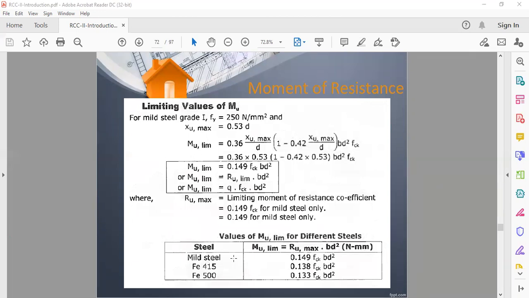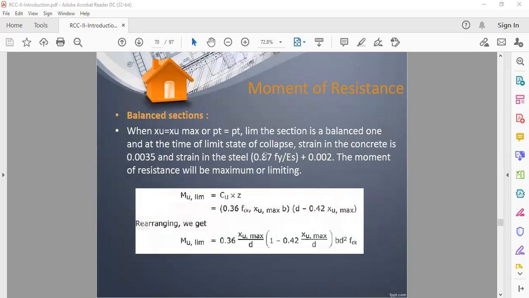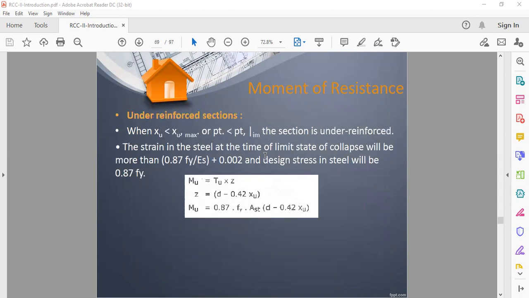Now, if you calculate for mild steel the value of moment of resistance Mu, as you have seen, and if you look at this under reinforced section, you can see that yes, it depends upon the grade of the steel, fy, right?